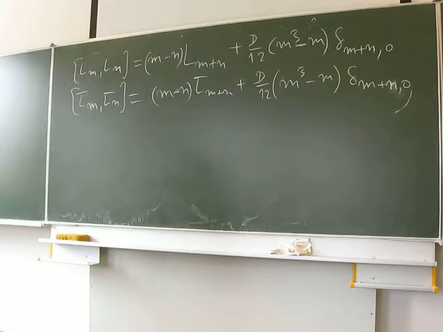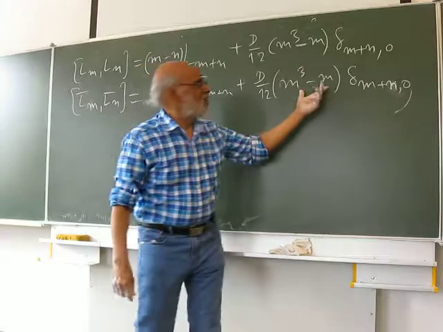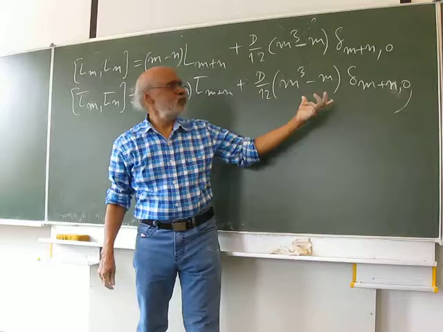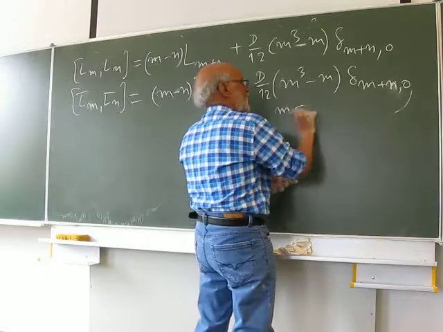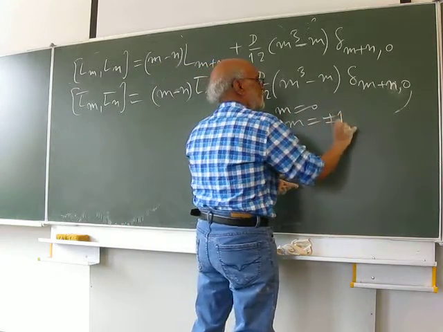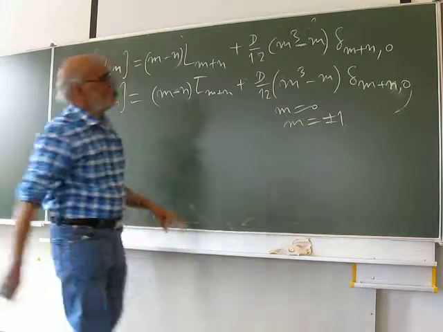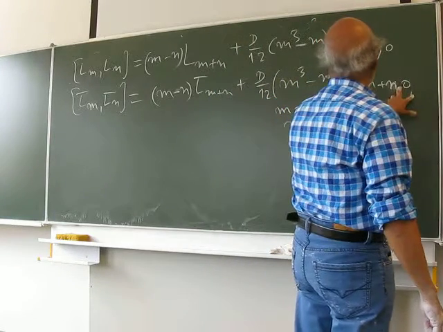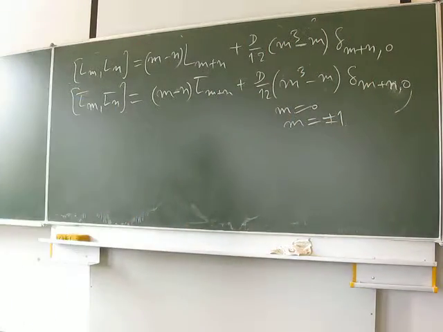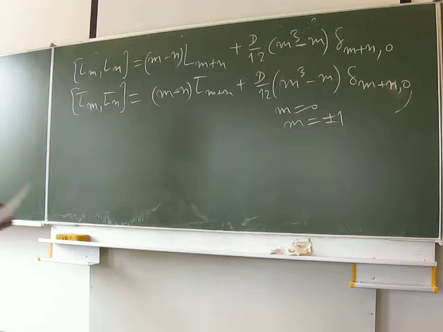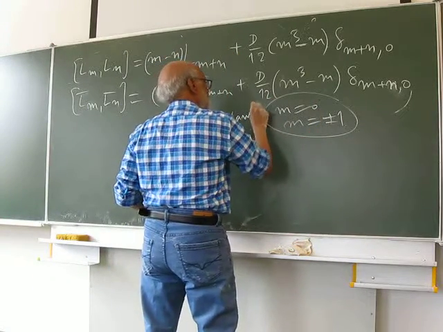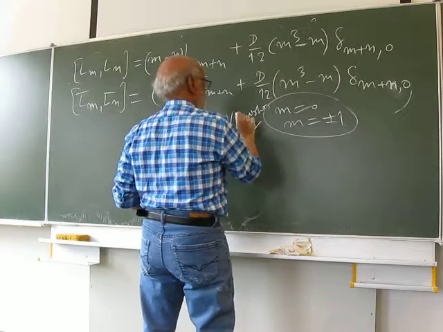So you see this term, if m is equal to 0, m equal to plus minus 1. So for all these three values, for m equal to 0, m equal to plus minus 1, this term vanishes for the second term. Okay.